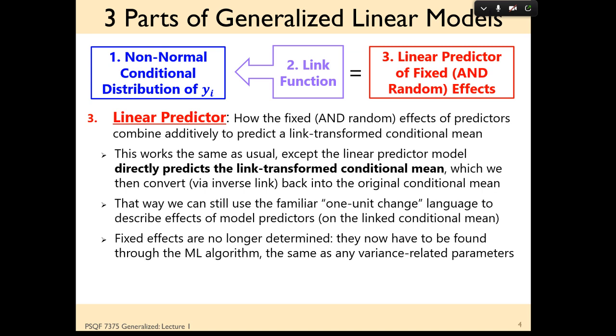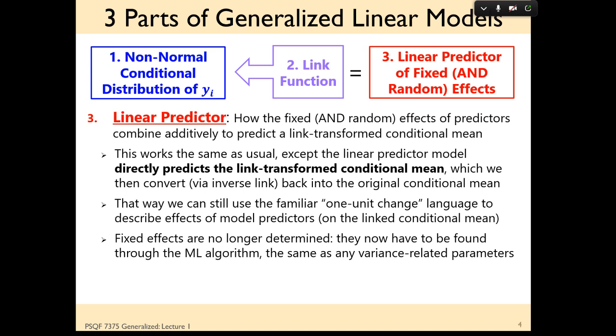Like the intercept, expected outcome when y is 0, right? You know that one? Well, now it's not when y is 0, it's when the linked y is 0. So it's when the logit is 0 or when the log is 0. But 0 is still the basis of an intercept. The slope, same idea. Change in y per unit change in x. It's change in logit y or change in log y.